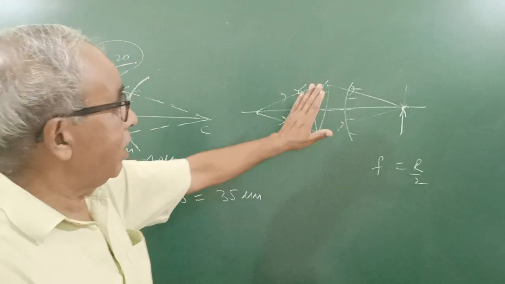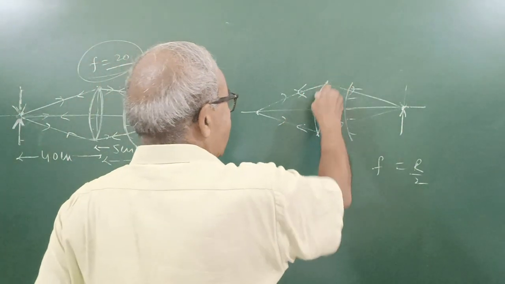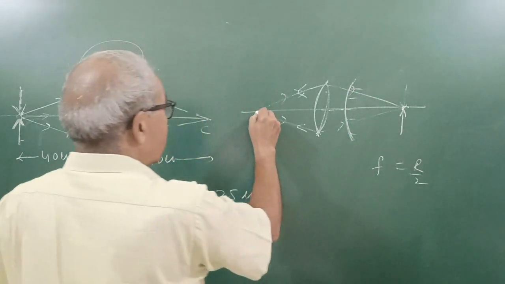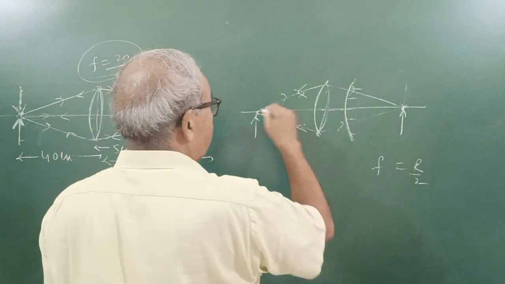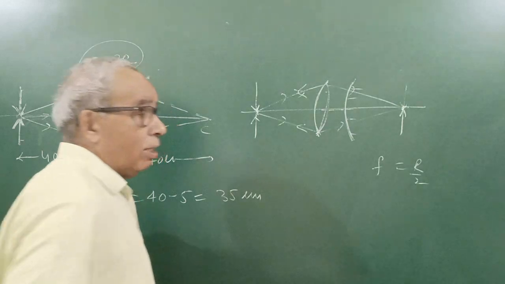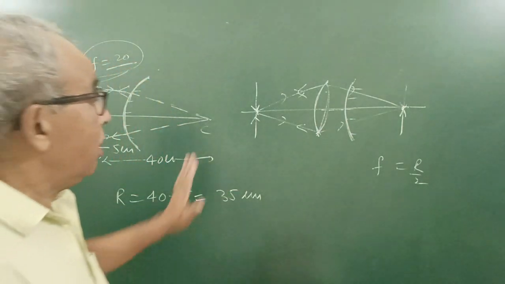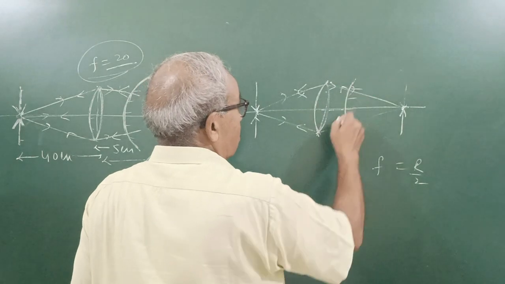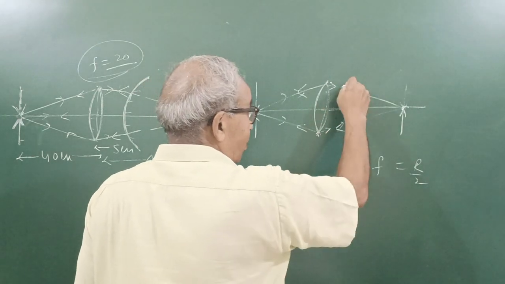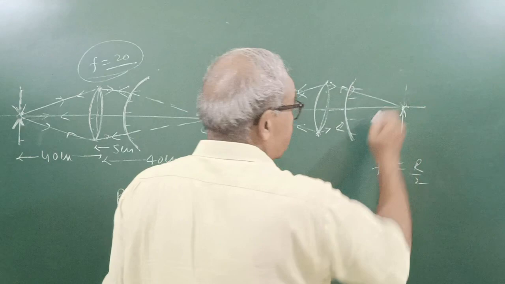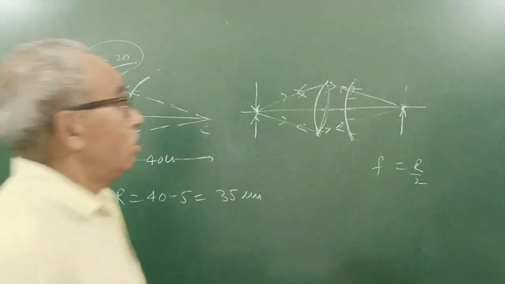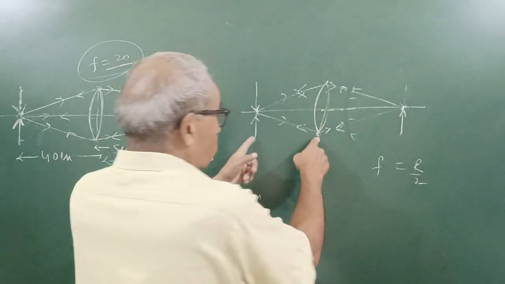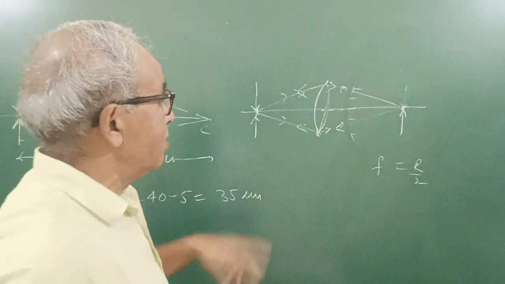I am repeating again: we put the convex lens and convex mirror coaxially, put an object here and get the image at the object itself. It is only possible if the rays fall normally here. If they are falling normally, it means they are getting at C. So to find this position, we remove this without changing the position of the lens and object pin.